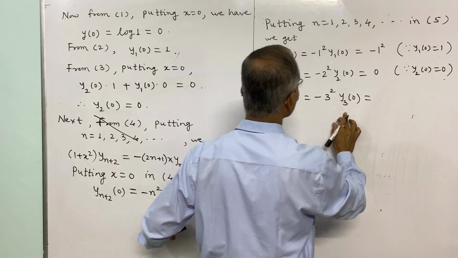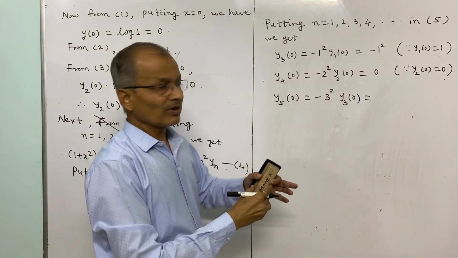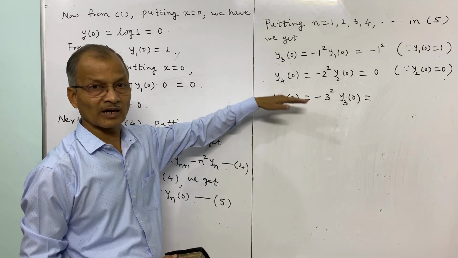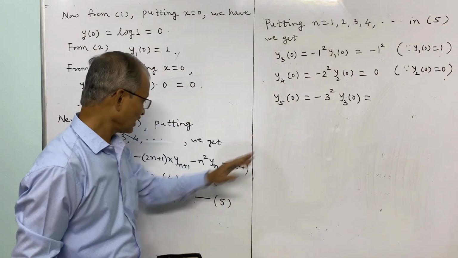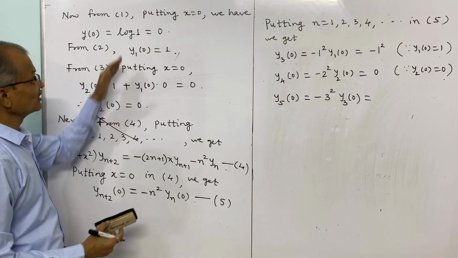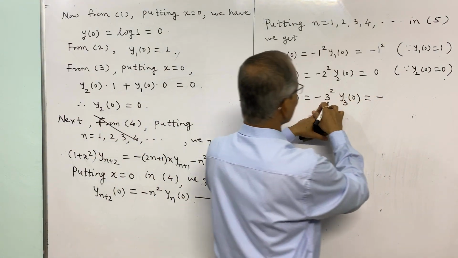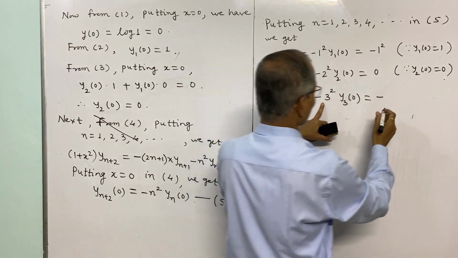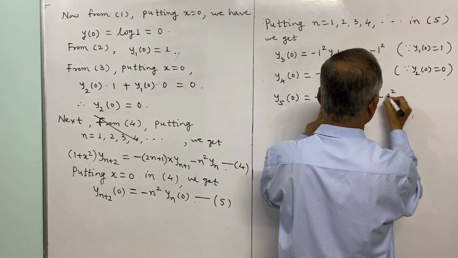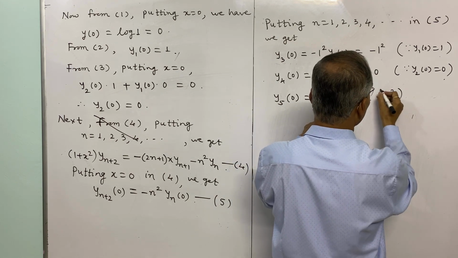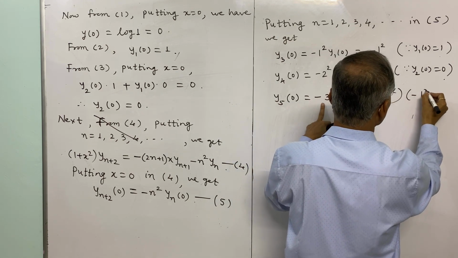And what is y3 at 0? That is obtained above. So we have to use the earlier values in the next order derivatives at 0, and that's why we have put x is equal to 0 in each. And that will be minus 3 square into minus 1 square. So minus 3 square, remember this negative sign is separate, into minus 1 square.